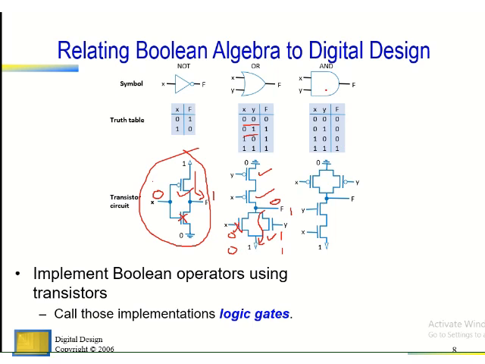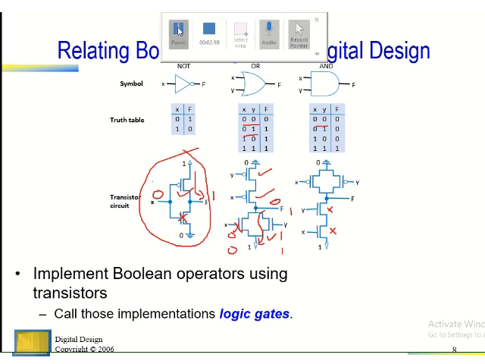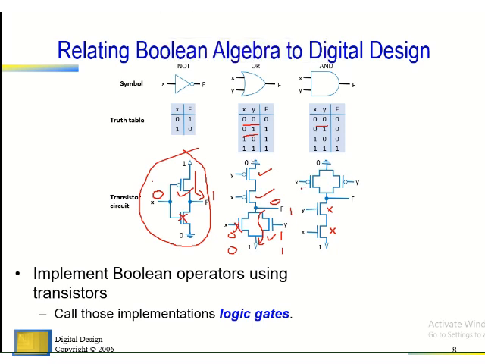Now similarly take an example of this AND gate. In this AND gate, if X and Y both are 0 0, then it means that this NMOS will not conduct and this NMOS will also not conduct. For this example, the PMOS with X input will conduct and the PMOS with Y input will also conduct, and you will receive 0 over here, right?